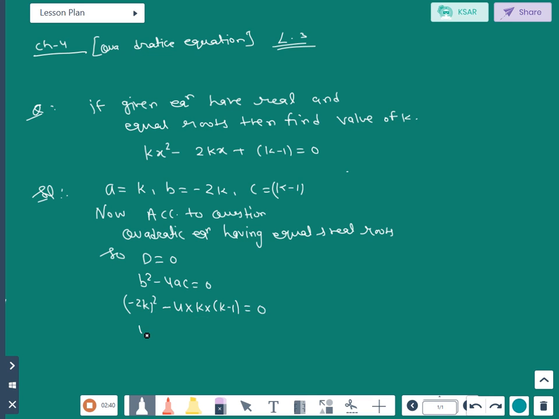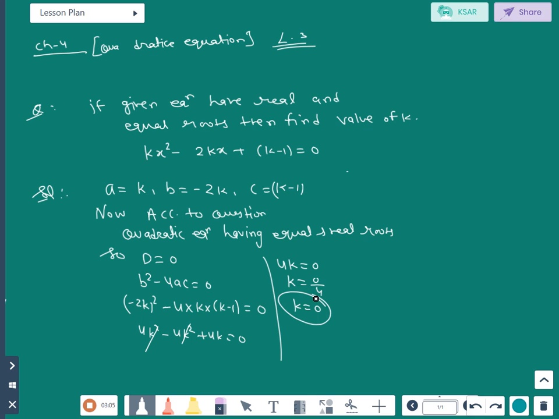So after that, 4k square minus 4k square, negative positive 4k is equal to 0, 4k square cancels, so 4k is equal to 0. So what is the value of k? 0 upon 4. So k value is 0. So for k equal to 0, the given quadratic equation has equal roots.